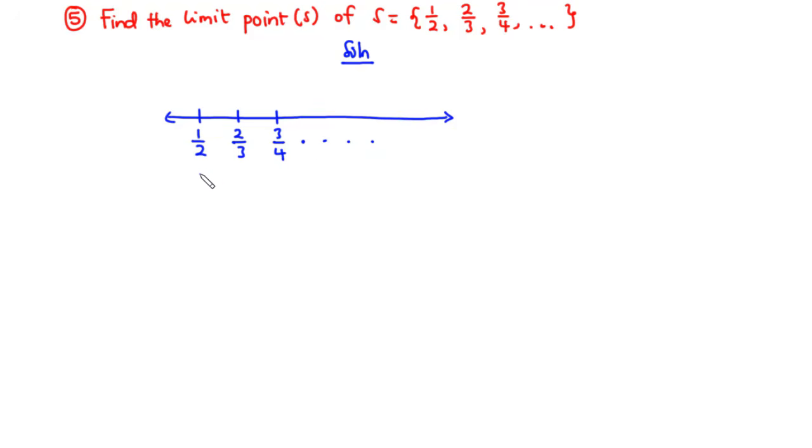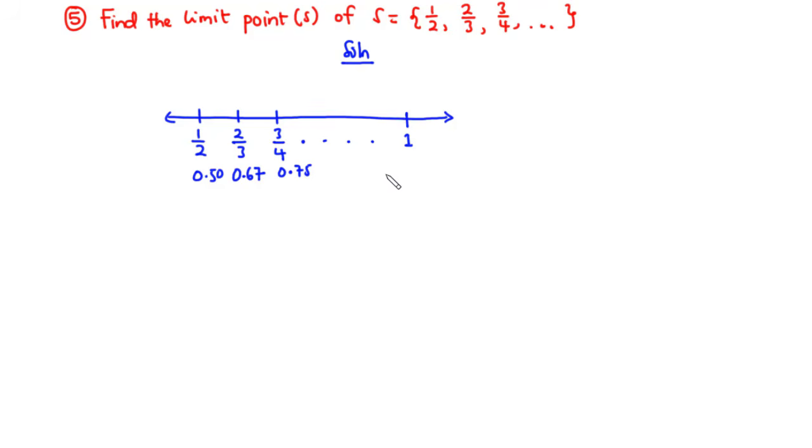Now 1 over 2 is 0.5, 2 over 3 is 0.67, and 3 over 4 is 0.75. You realize that this set of numbers is approaching a certain number. If it goes on and on, you realize that this set of numbers is approaching 1.